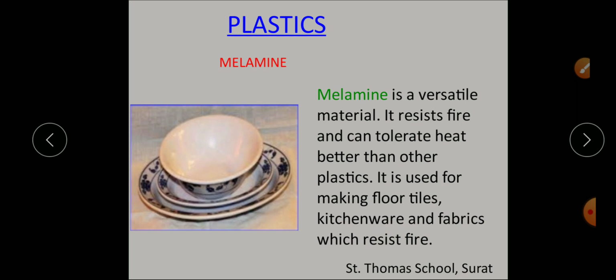For floor tiles, kitchenware, and fabrics. It resists fire and can withstand heat better than most plastics. So this was about plastics, and there are two kinds of plastic, thermosetting and thermoplastic. The examples of thermosetting were bakelite and melamine.